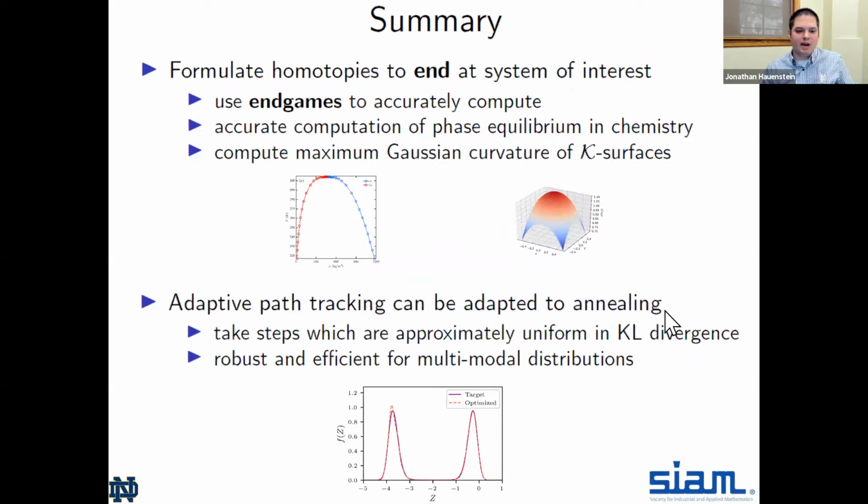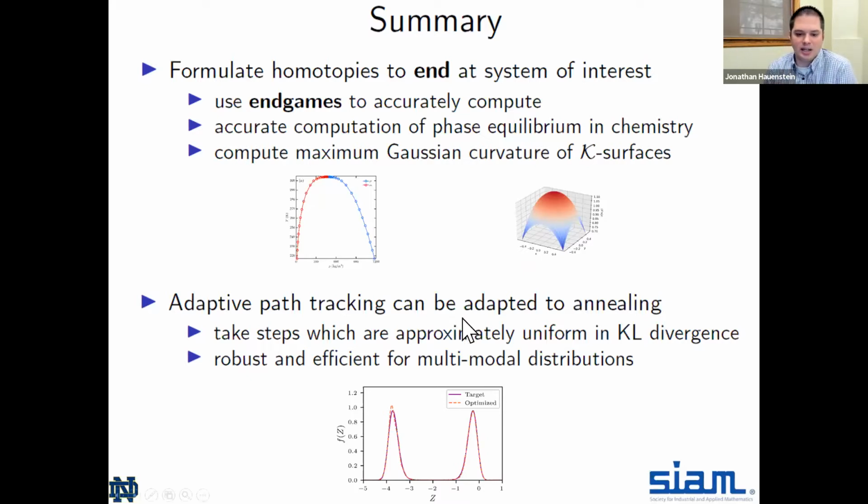So let me just wrap up. When you're looking for critical points, you want to formulate your homotopies to end at the system of interest, because now you can apply endgames to accurately compute things. Anytime you set up a homotopy, you want to think about how your parameter T impacts how things are changing. It would be nice to have your parameter T uniform in some physically meaningful quantity.